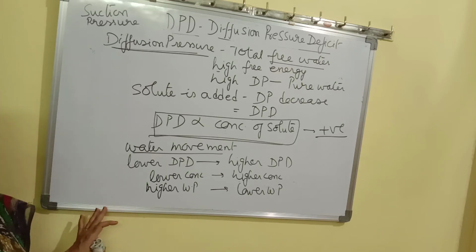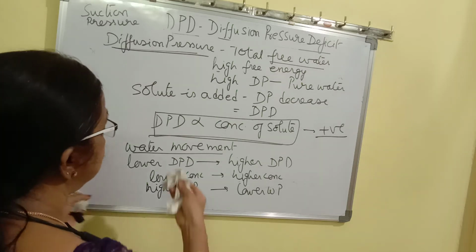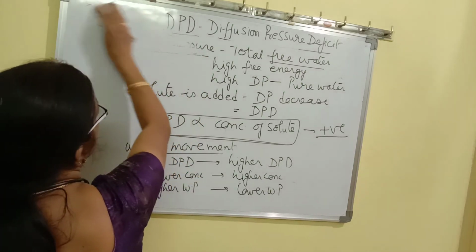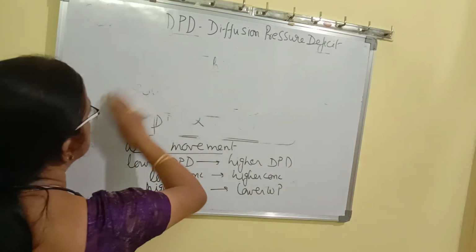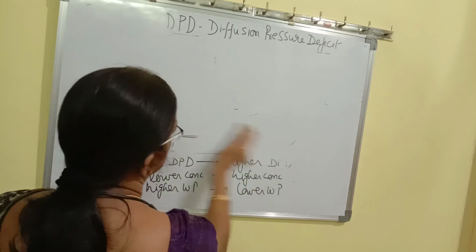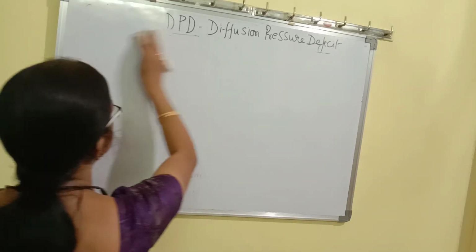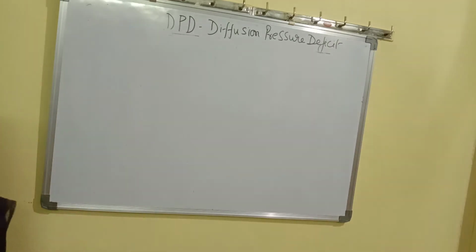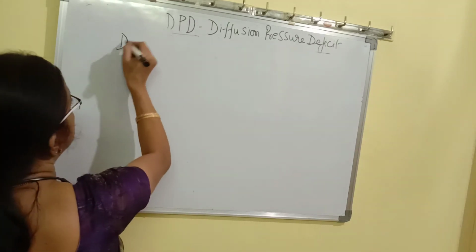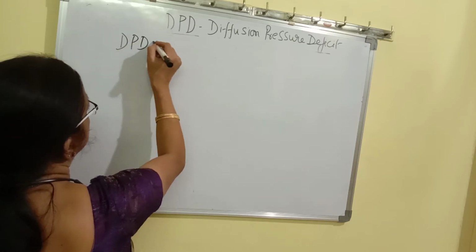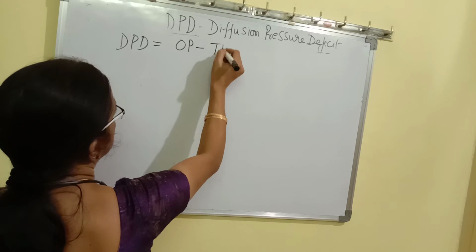Now we will consider DPD under two conditions, that is in a turgid cell and in a flaccid cell. Before that, there is an expression to estimate DPD. DPD is equal to OP minus TP.